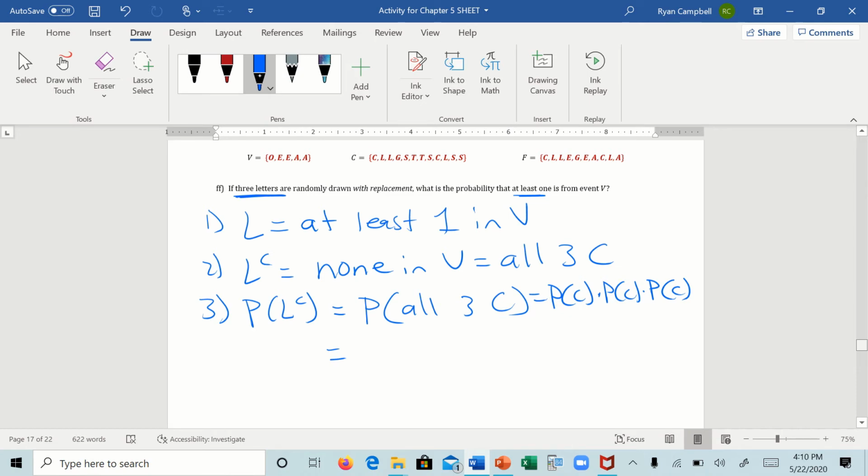All right, so the probability of the first one being a consonant is 12 over 17. This is with replacement, so it's also 12 out of 17 and 12 out of 17. So we multiply that together. We get about 0.35172.